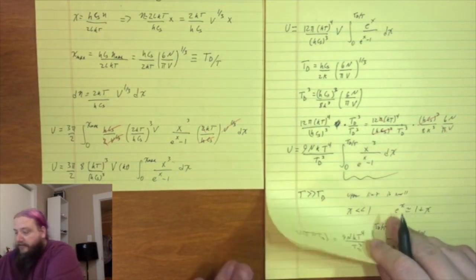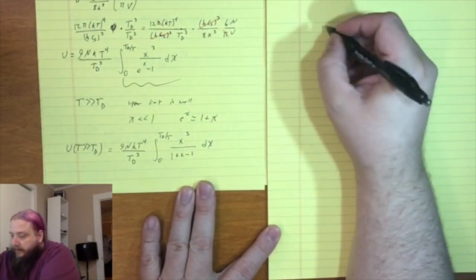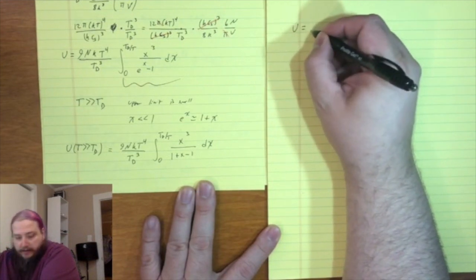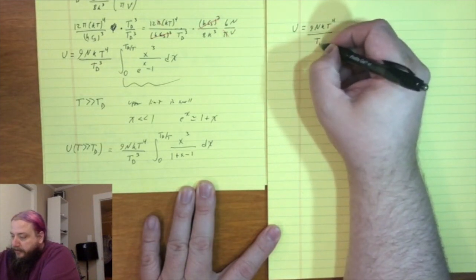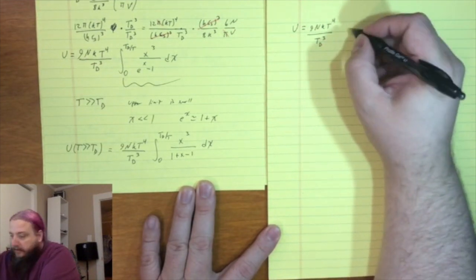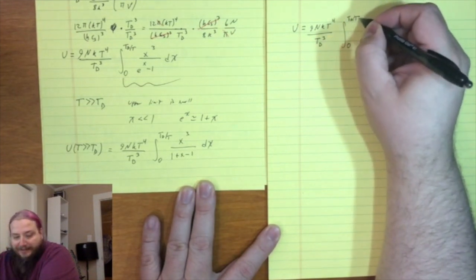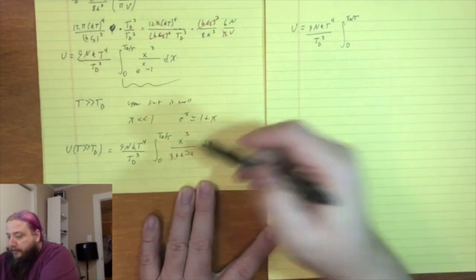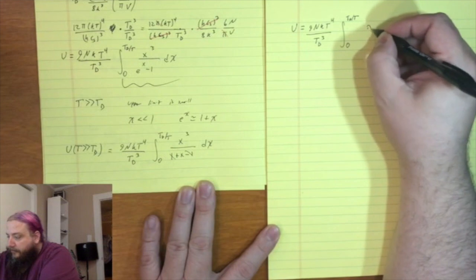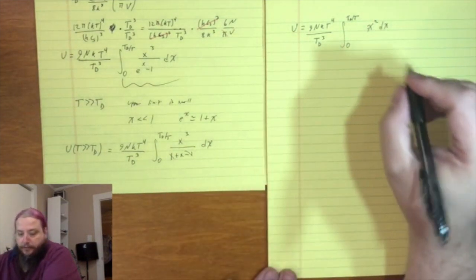That's just going to give us 9nkT to the 4th over Debye temperature cubed times the integral from 0 to Debye temperature over T of, those cancel, and then we've got x cubed over x, so that's x squared dx, and we can integrate that pretty straightforwardly.